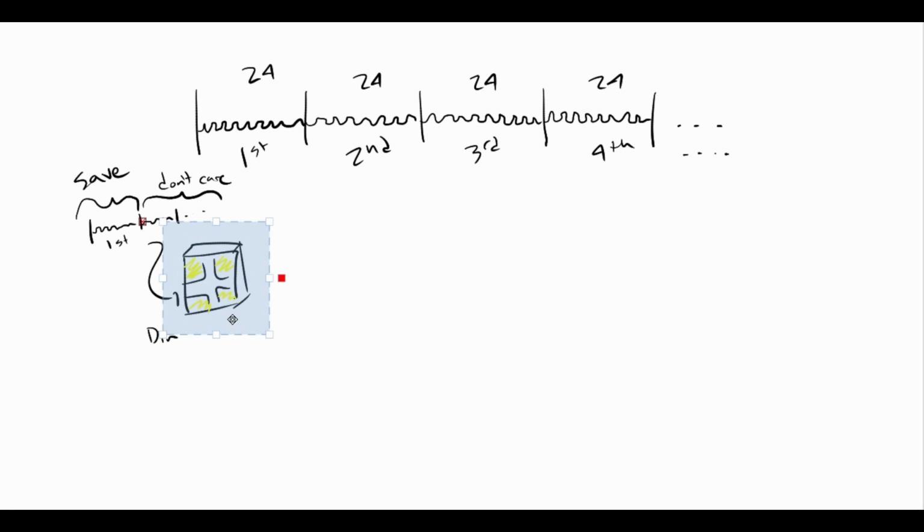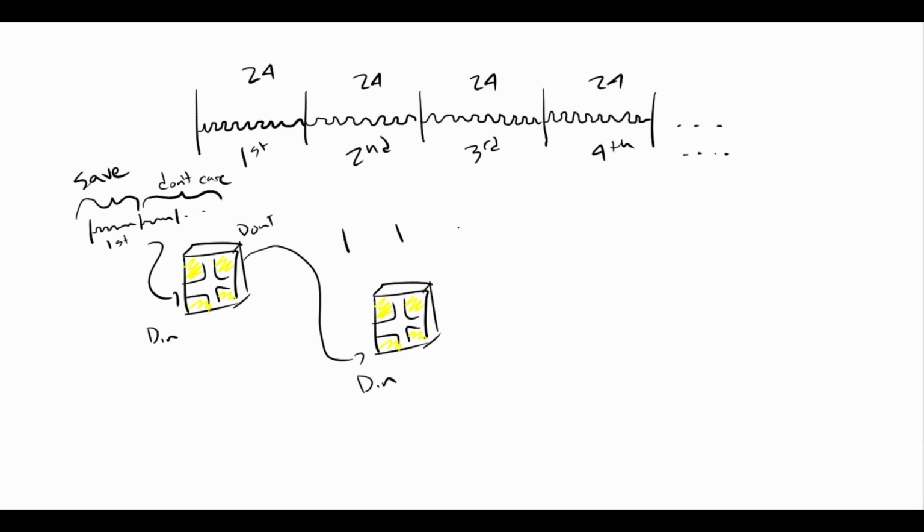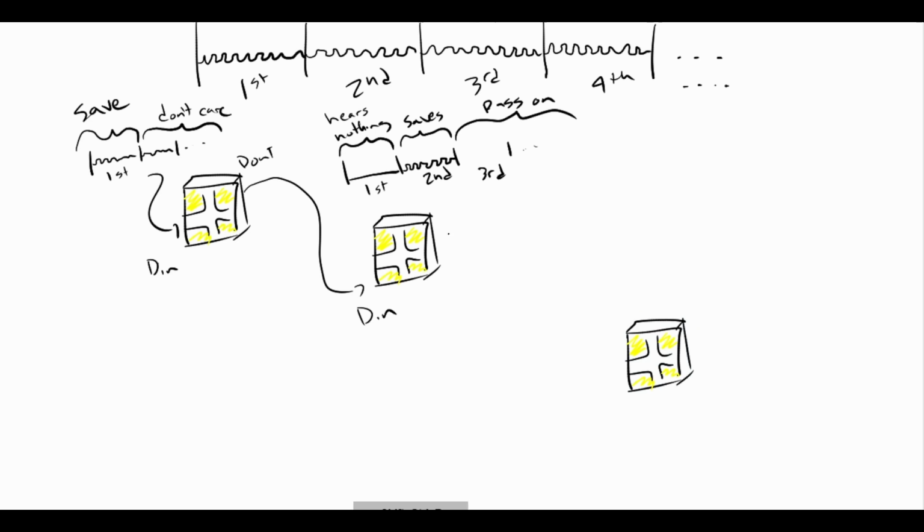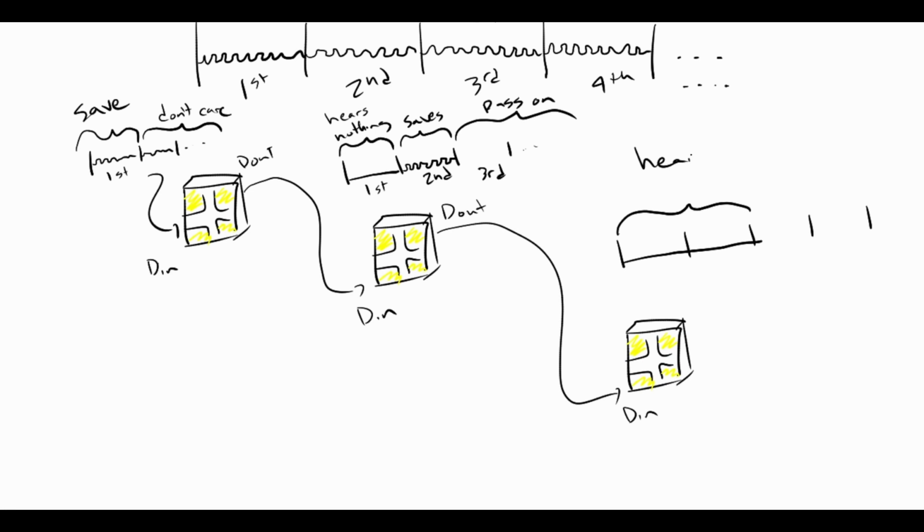Once the first LED has had its fill of 24 bits, it will forward anything else it gets straight through, and it won't pay attention to those bits. The second LED will then see the second 24 bits as the first thing it sees. So it's going to do the exact same thing the first LED did. It will record the first 24 bits, it won't forward anything along during that, and then once it's had its fill of 24, it will forward anything else it sees straight through.